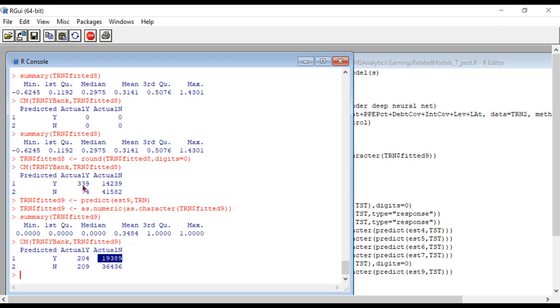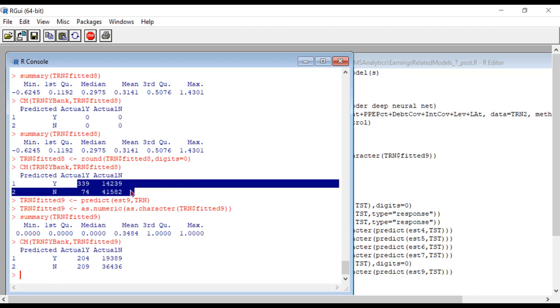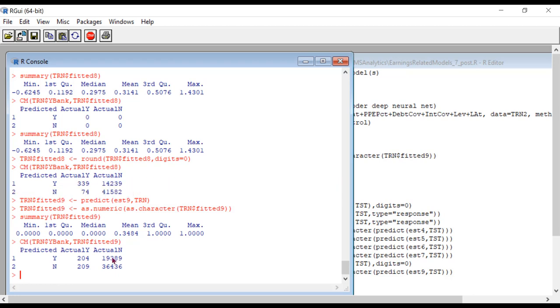And notice that's actually worse than the linear probability model, where we're calling more bankrupt falsely and missing some that should be called bankrupt. So the deep neural network here didn't work, and the linear probability model works better when we're trying to use this sort of approach.